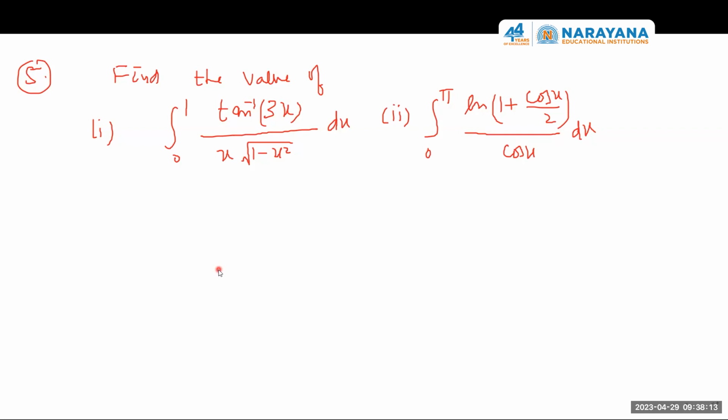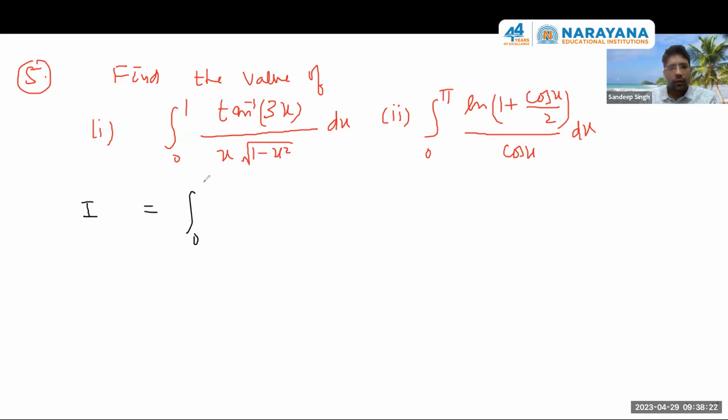Tan inverse AX. Yes. Because 3 has no role over here, so this I should rather define as tan inverse of AX divided by, so this should be your starting point.